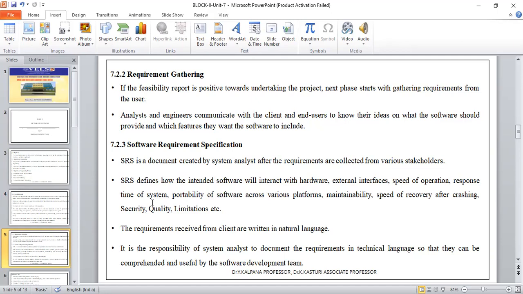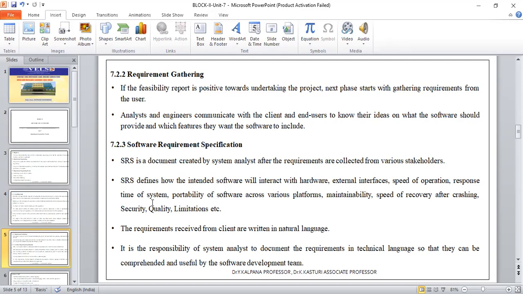To know their ideas, the technical team, the analysts and engineers, have a meeting with clients and end users to gather the requirements and to know what the software should provide and which features they want the software to include.